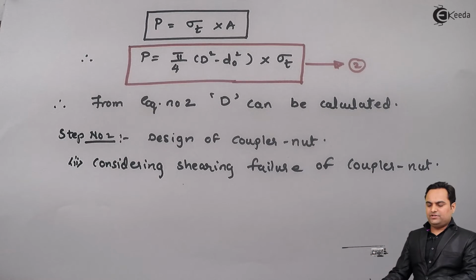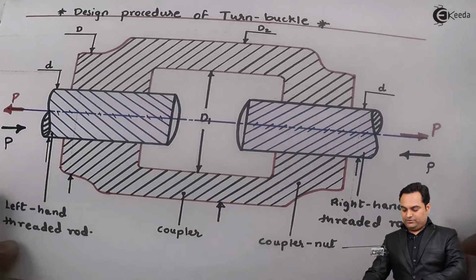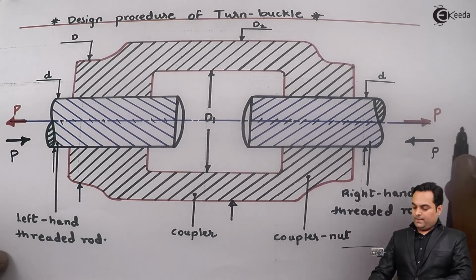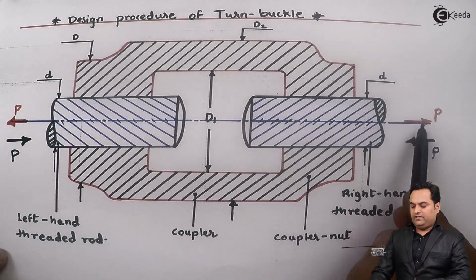Now when I consider shear failure, I can explain here with an example that when the load is applied, it can be towards right or even towards left, I am taking this one example.